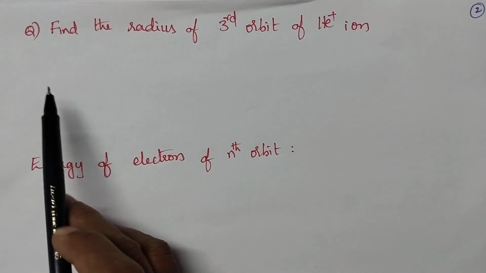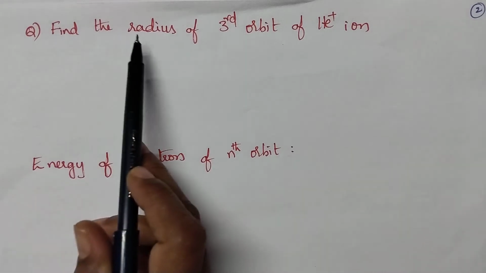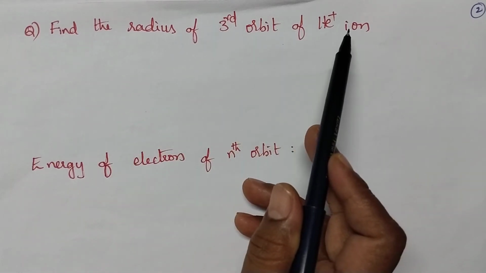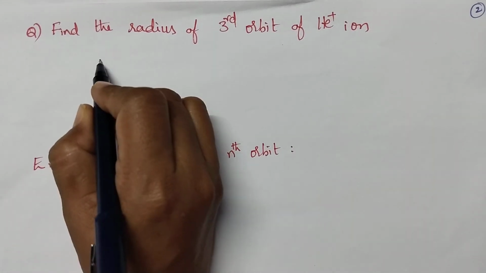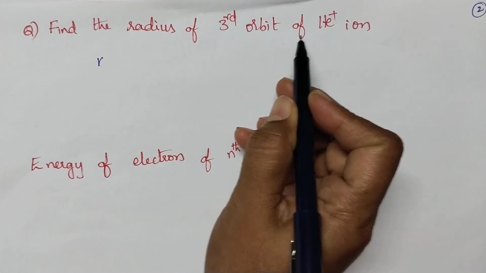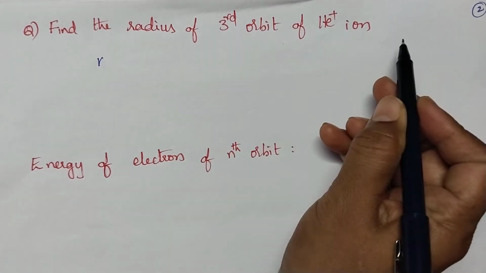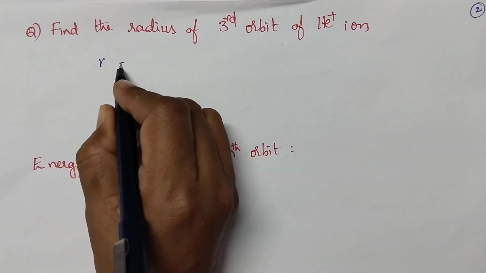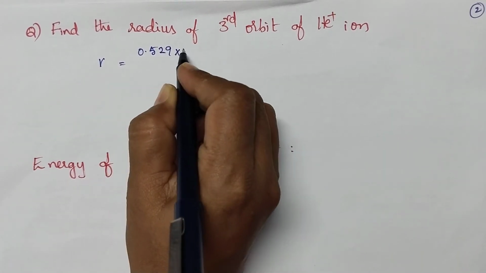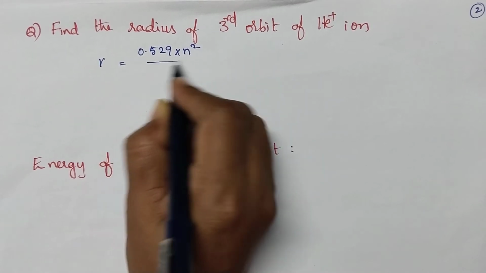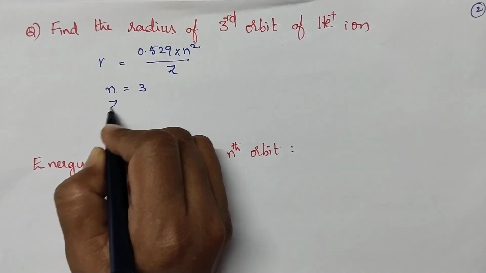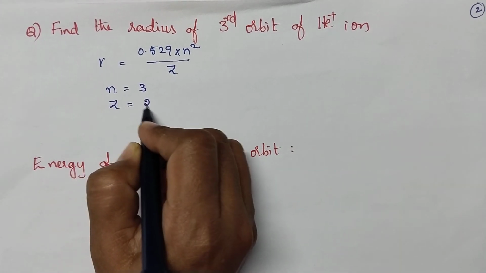Here we are supposed to calculate the radius of the third orbit of helium ion. R is equal to 0.529 into n square by Z. Here n is equal to 3 and Z is equal to 2.